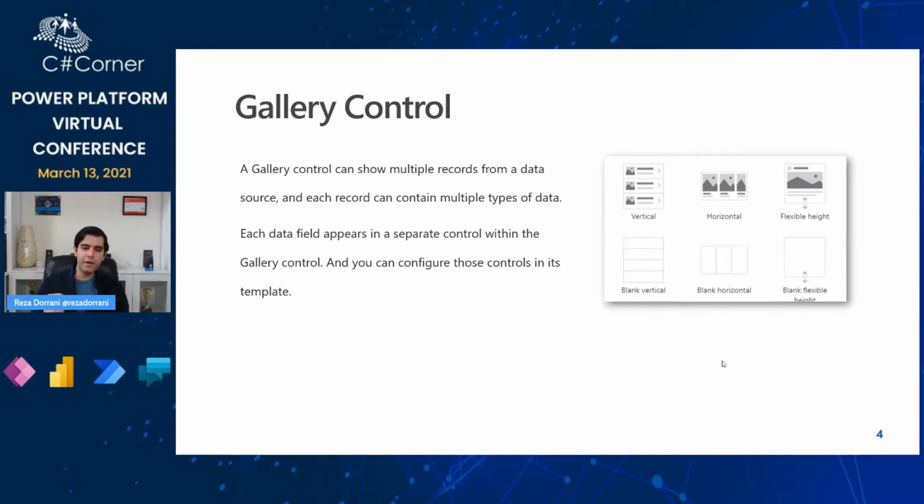And each data field that appears in a gallery control, you can configure that, you can style that based on your needs. The gallery, of course, acts like a repeating control, and that's the reason why all the items in the gallery follow the same style that you've defined as part of the template item of the gallery. And the template of the gallery is nothing but the first item in your gallery.